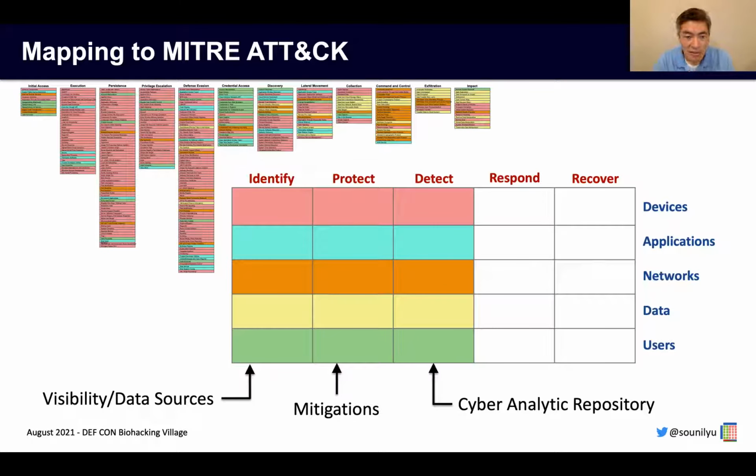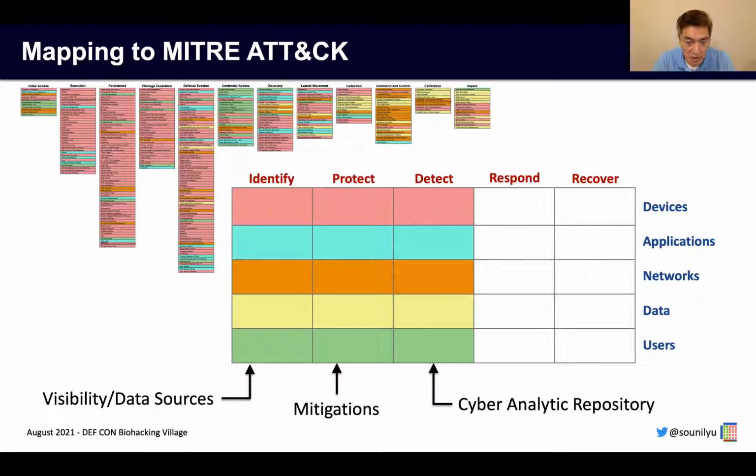So many of the TTPs that you see in the MITRE ATT&CK framework tend to be device-oriented, attacking things like your workstation and Windows and so on and so forth. But there are other TTPs in the framework that map to an attack against an application or an attack against a network or data or users.